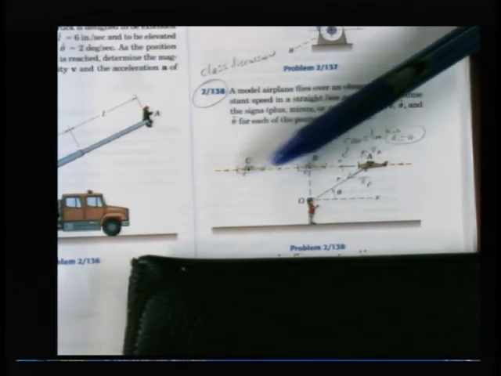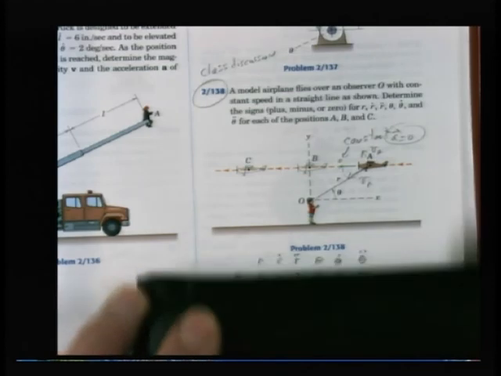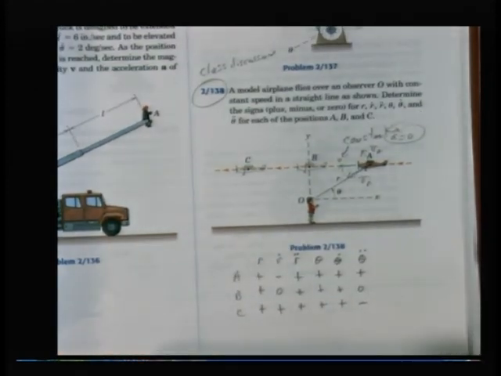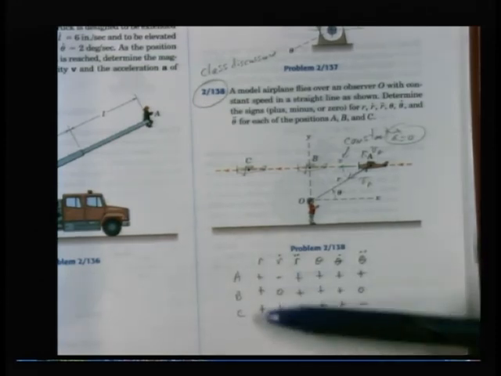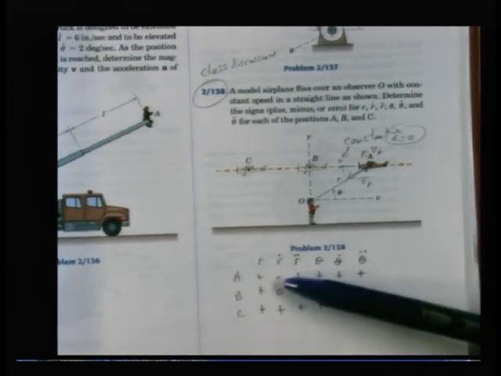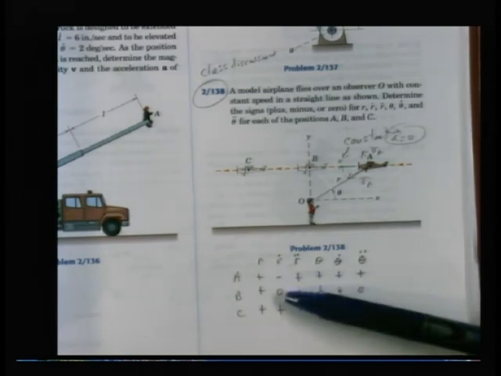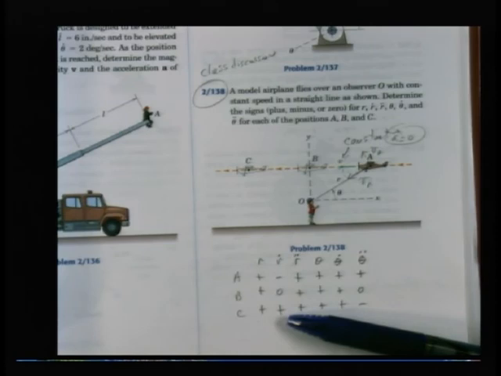Okay. So let me just pull away here. I worked up a little summary of this. We can see clearly at A, B, and C, the R's are positive. R dot was negative when it was approaching us, 0 when it's straight above us, and then positive.